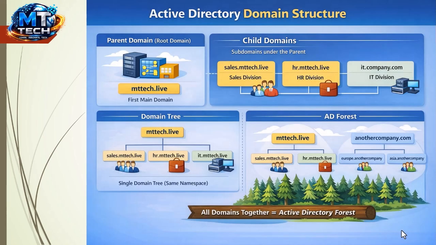On this slide, I have the domain structure, called the Active Directory domain structure. Before giving you further information about it, let's say what a forest is. A forest is the top level and largest boundary.